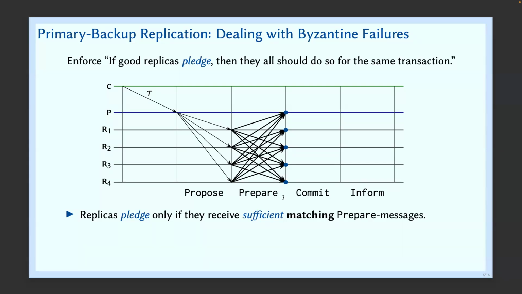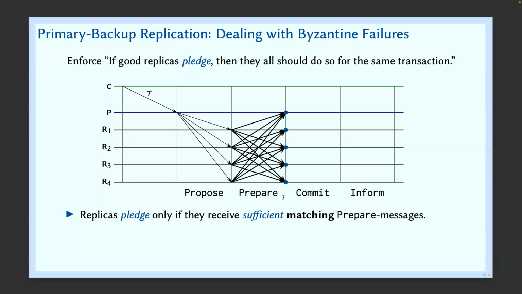If R4 already knows that the primary didn't lie, why can't R4 just go ahead and inform the client? We already established the primary didn't lie. So how else could the primary lie? Give me an example.